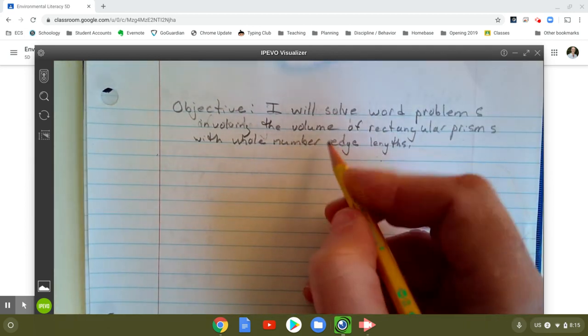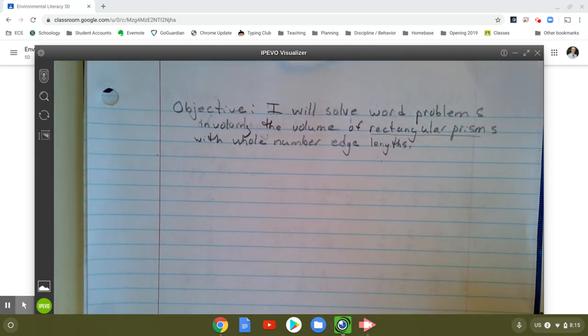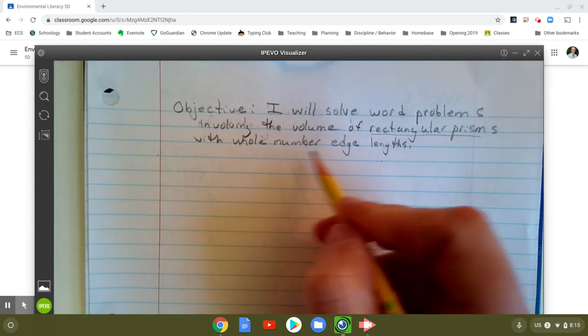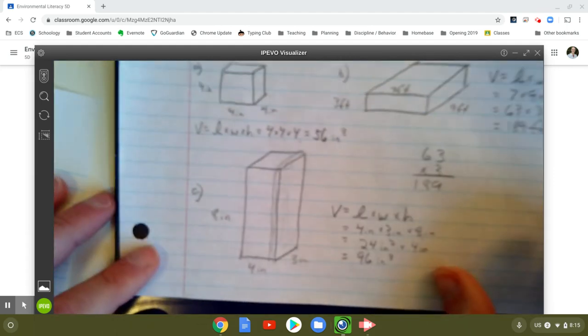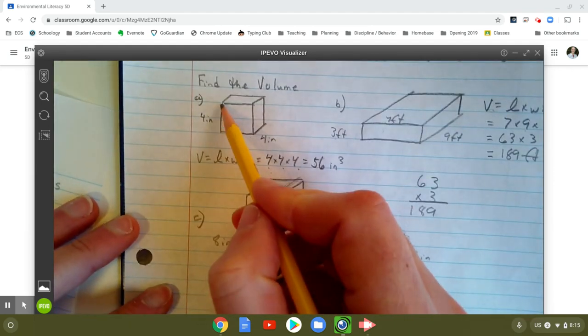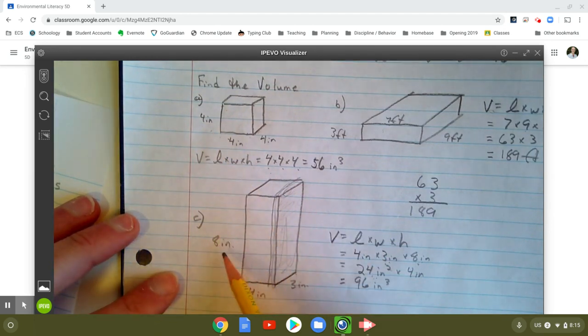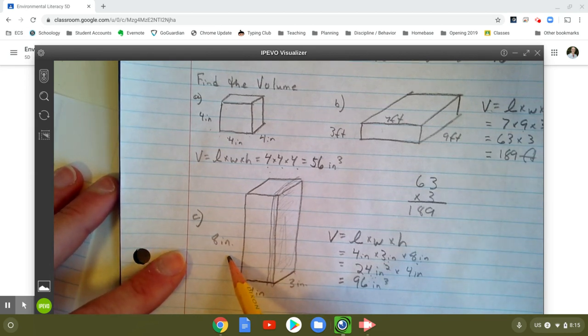And we know what a rectangular prism is, right? These are the 3-dimensional figures we've been looking at all along. But whole number edge lengths: this is an edge, this is an edge, this is an edge, and the edge length could be, let's look at this one, 8.5 inches, 8 3/4 inches, 8 7/8 inches.